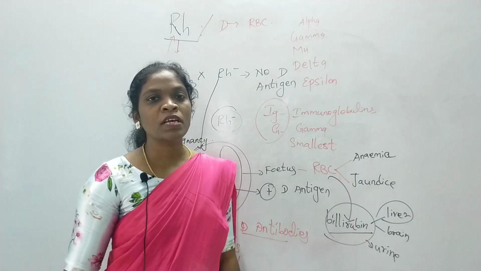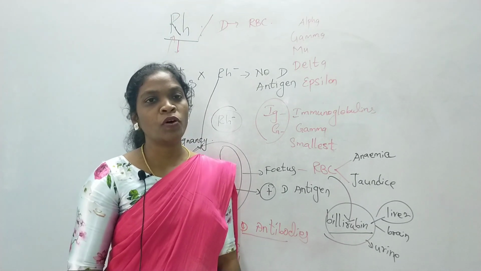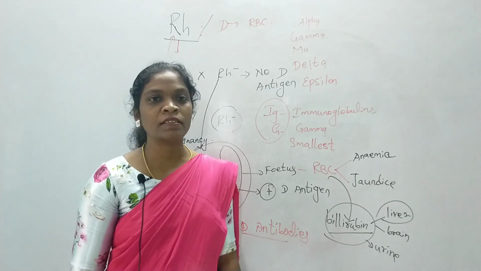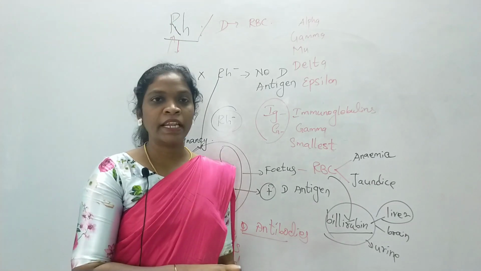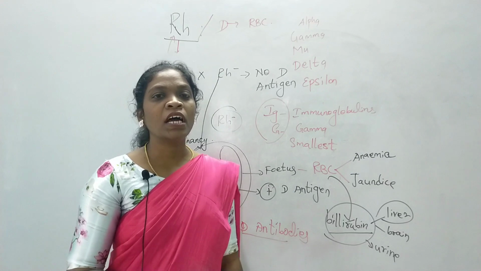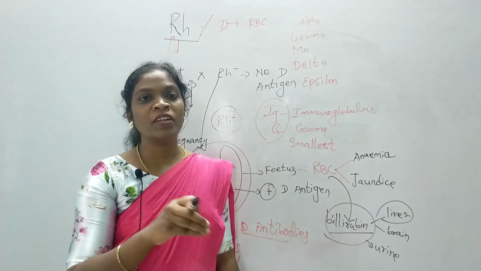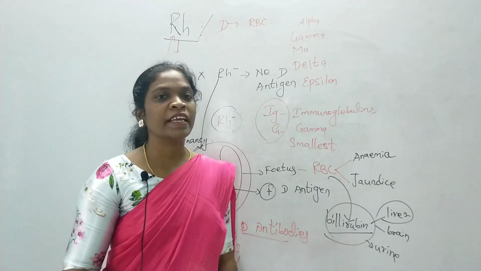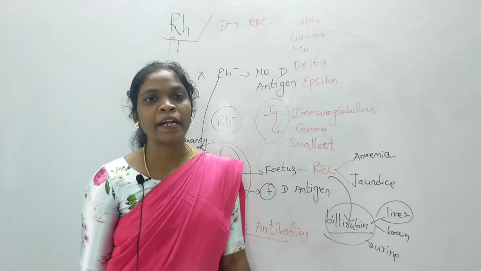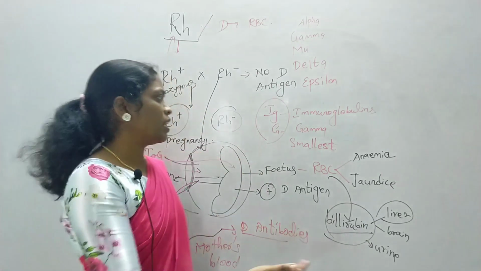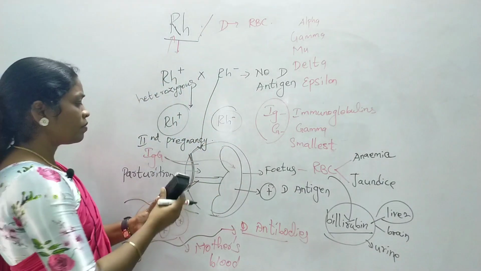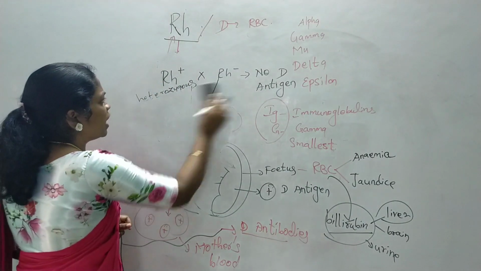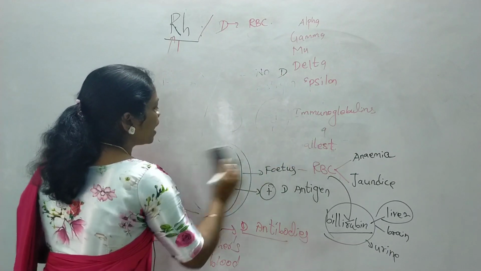This disease is known as hemolytic disease of the newborn or erythroblastosis fetalis. If the mother is Rh negative and the developing child is Rh positive, this problem will arise. If the mother is Rh negative and the child is also Rh negative, there will be no Rh incompatibility. But if the mother is Rh negative and the child is Rh positive, then what will happen?